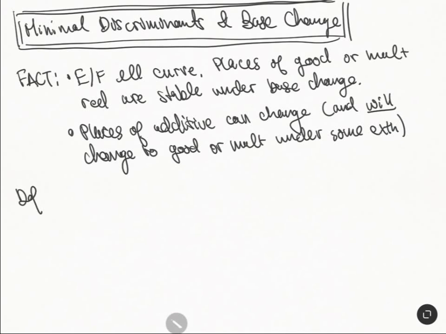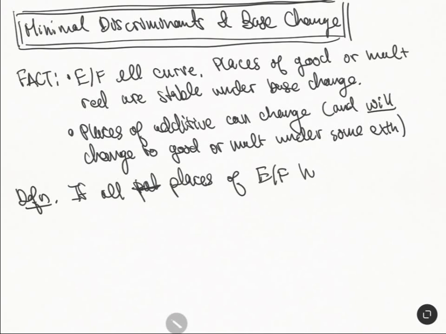Okay, let me remind you of the definition that says that if all places of E over F have good or multiplicative reduction, then E over F is called semi-stable.